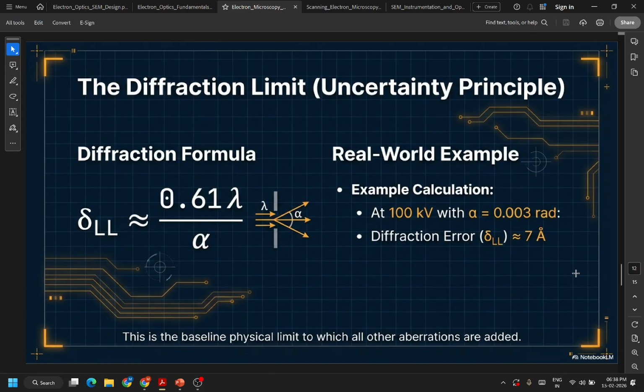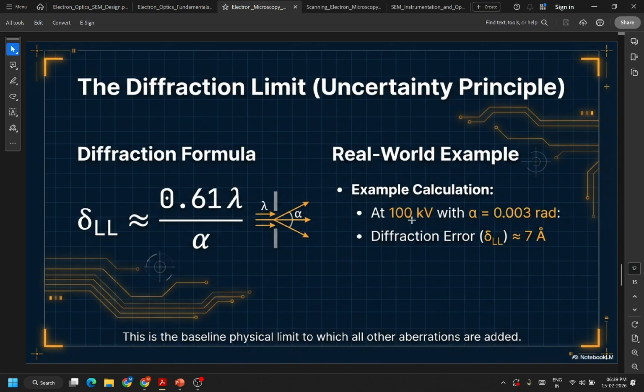Just like the Rayleigh criterion and Abbe's criterion in photon optics, here also the diffraction is limited by the uncertainty principle, and that is given by delta equals 0.61 lambda by alpha.